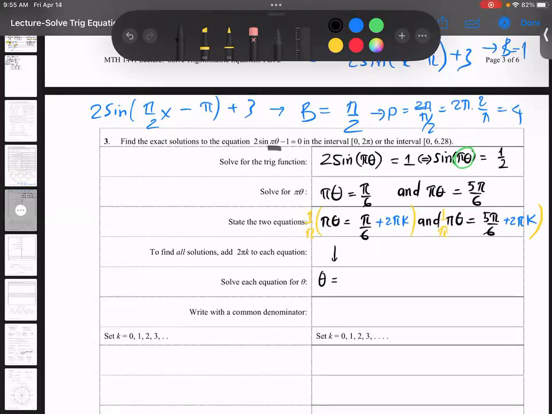On the right hand side, again, you multiply 1 over pi to pi over 6. Pi and pi cancel, so it's 1 over 6. Last one, pi and pi cancel, so just 2k.